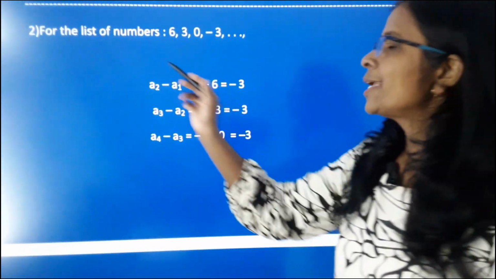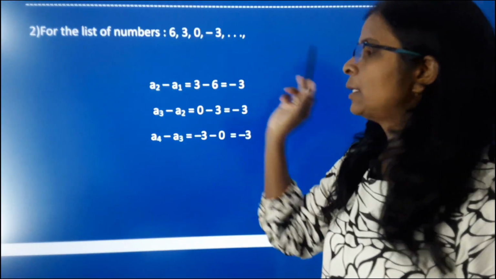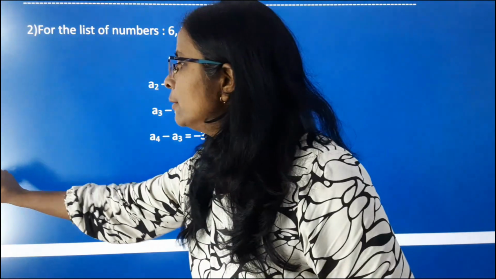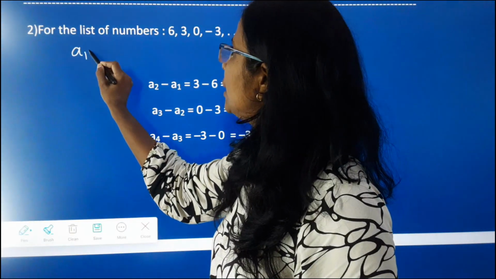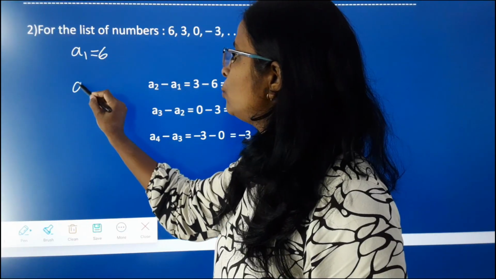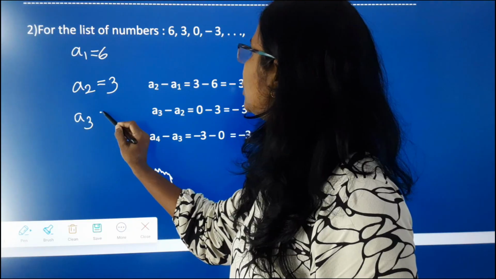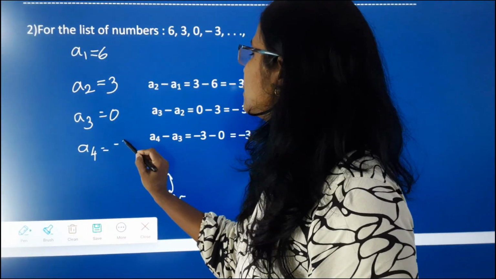Now here the second list of numbers: 6, 3, 0, minus 3. First write down the terms. The given terms: A1 is equal to 6, A2 is equal to 3, A3 is equal to 0, A4 is equal to minus 3.